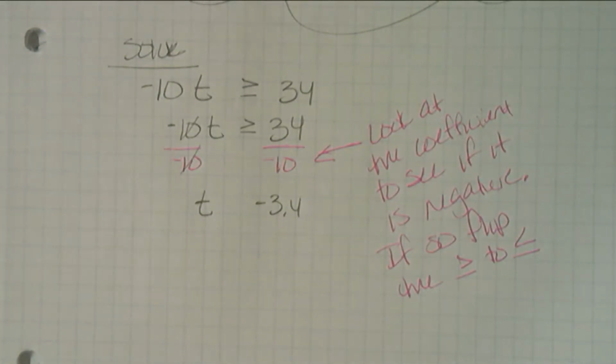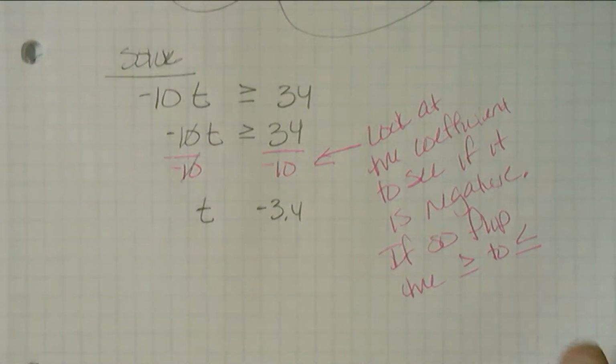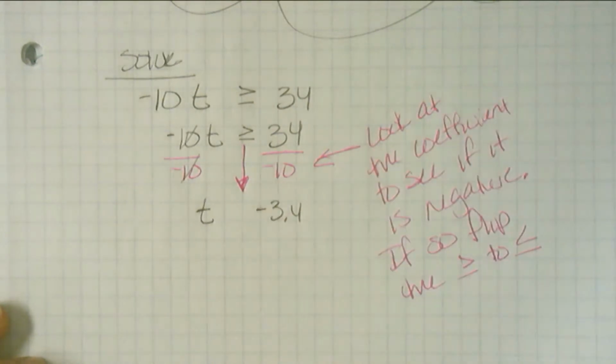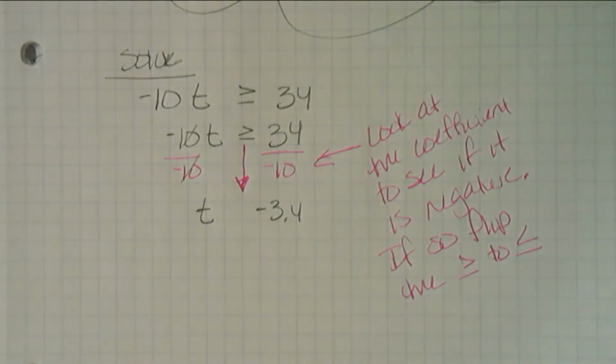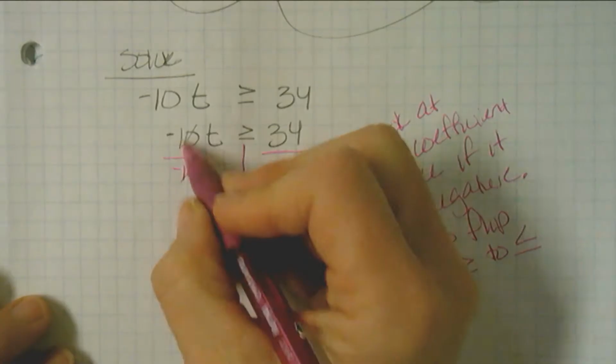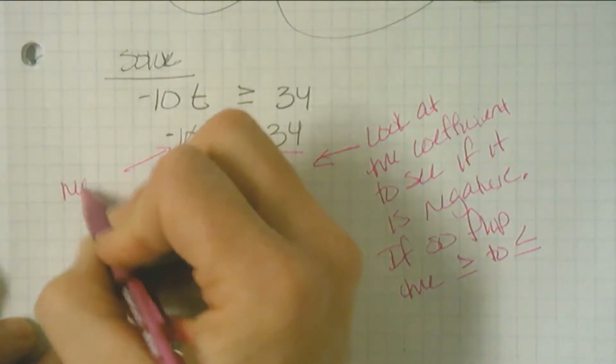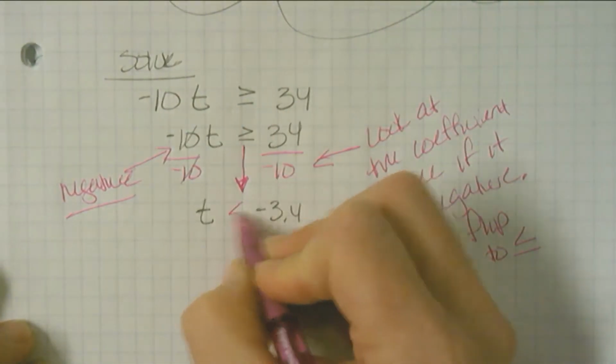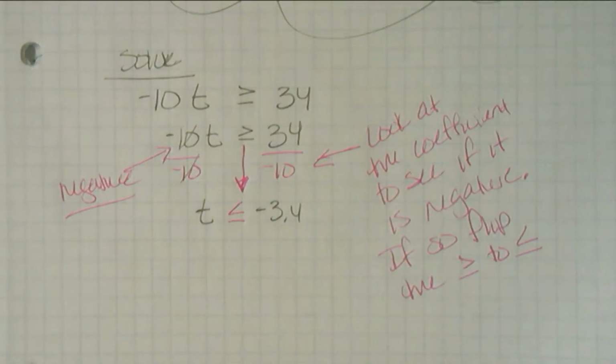So, someone tell me, am I going to flip the inequality here? Matthew? Yeah. It's a negative coefficient. So this greater than or equal to becomes less than or equal to. You cool with that?